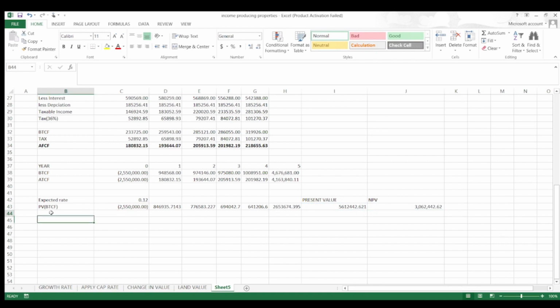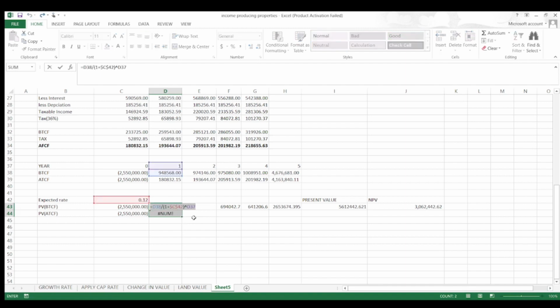Now we can do the same, the present value of the after tax cash flows. So with that, we'll simply drag this down, or rather not. Let's just do that.